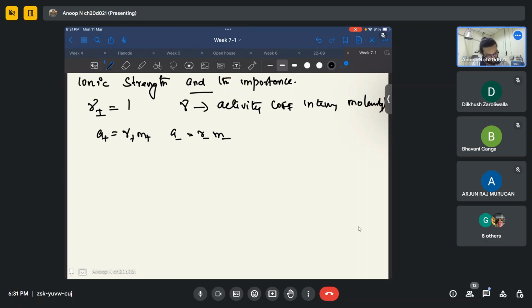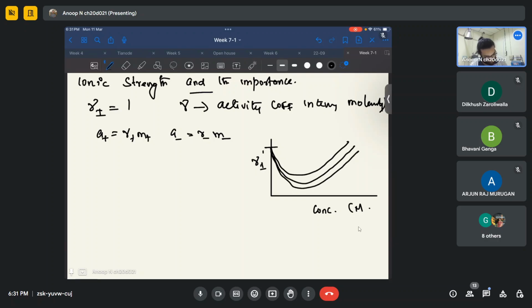So when we plot gamma plus minus versus concentration, which is in molarity, the maximum value is 1. Suppose it is HCl, NaCl, and KCl.